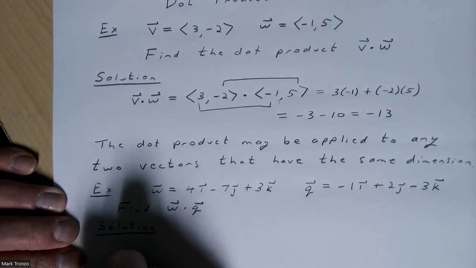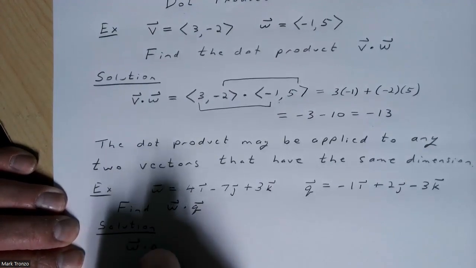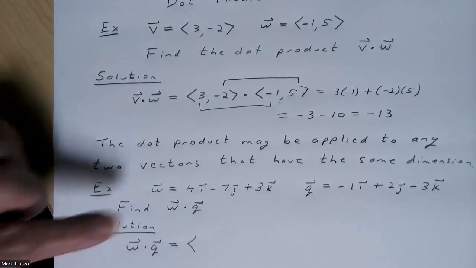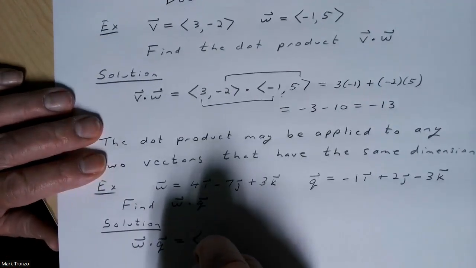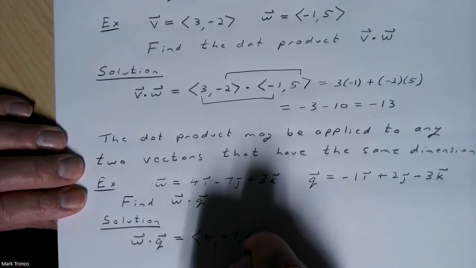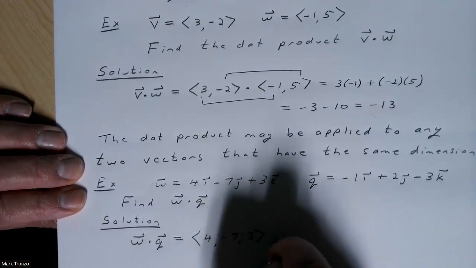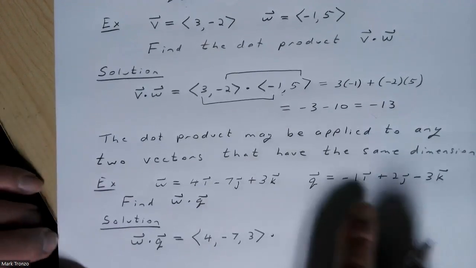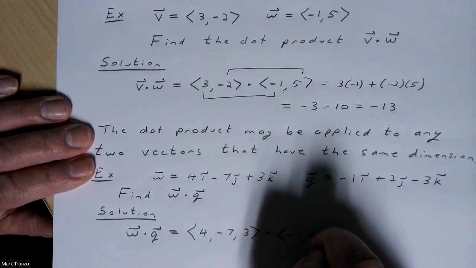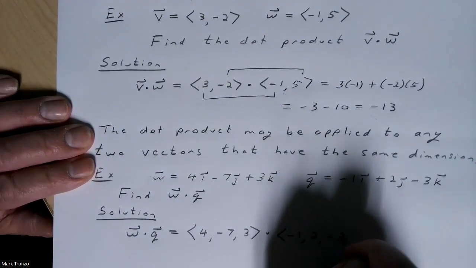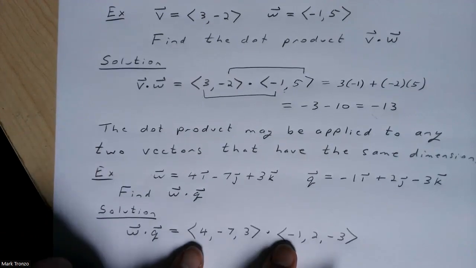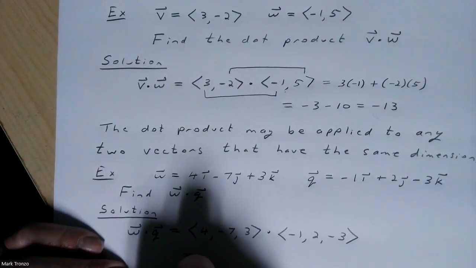So I'm going to change these to the angle brackets. Remember, this is the same as 4, minus 7, 3, and we're going to dot this with minus 1, 2, minus 3. Once again, multiply corresponding components.